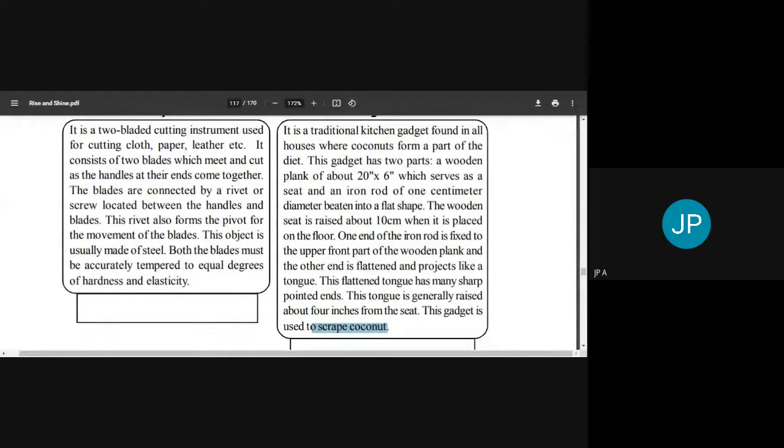Coconut scraper is what we call it. Because it is used to scrape coconut. So that is why it is called a coconut scraper.